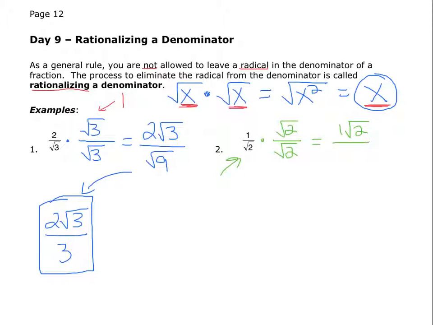And on the bottom, radical 2 times radical 2 is radical 4. The square root of 4 is going to come out as a perfect square. So it is simply radical 2 on top, you don't have to write the 1 in front, over a 2 on the bottom. So radical 2 over 2 is my rationalized fraction.